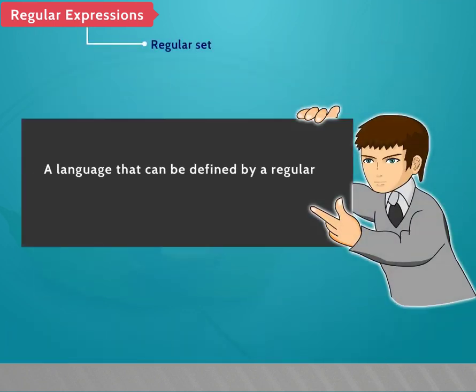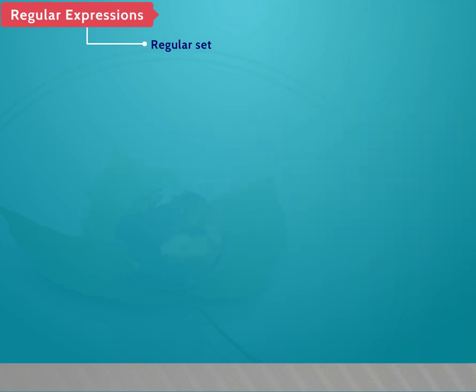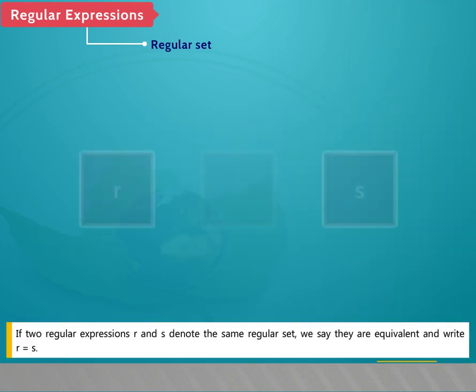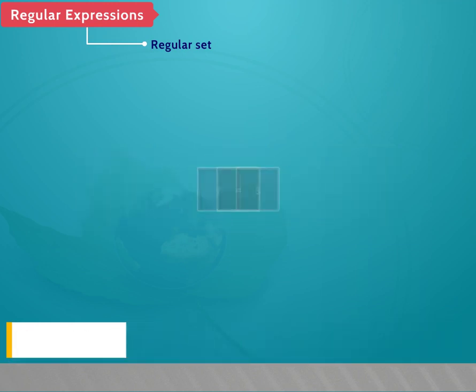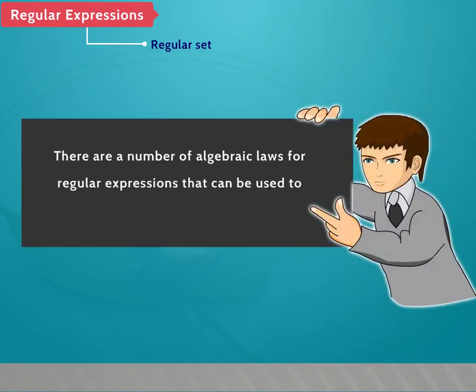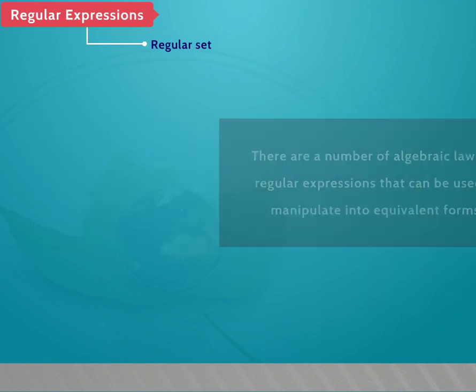Regular set. A language that can be defined by a regular expression is called a regular set. If two regular expressions R and S denote the same regular set, we say they are equivalent and write R = S. There are a number of algebraic laws for regular expressions that can be used to manipulate them into equivalent forms.